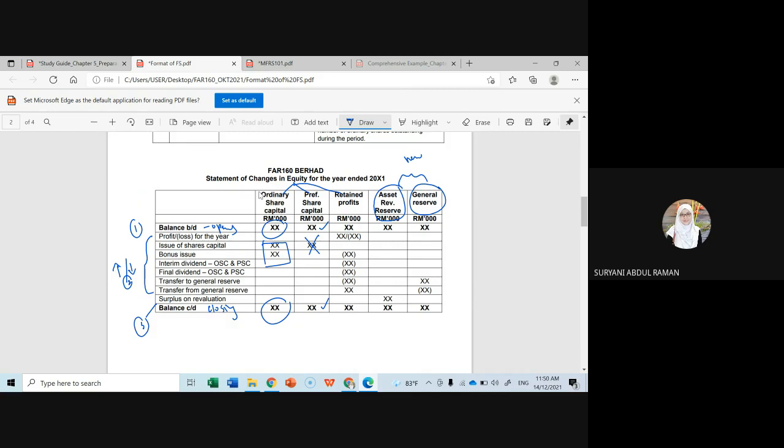The increase and decrease will determine the debit and credit, and at the end will determine whether it should be add or less. As you can see here, X without brackets is add, and X with brackets means less. So how do you know whether it's add or less?